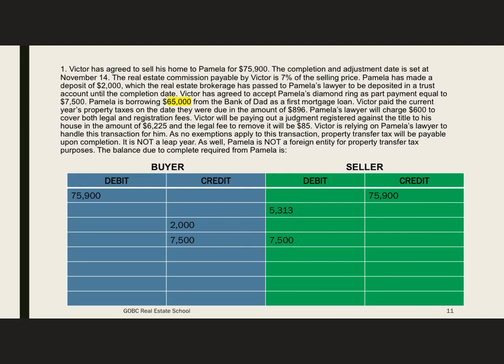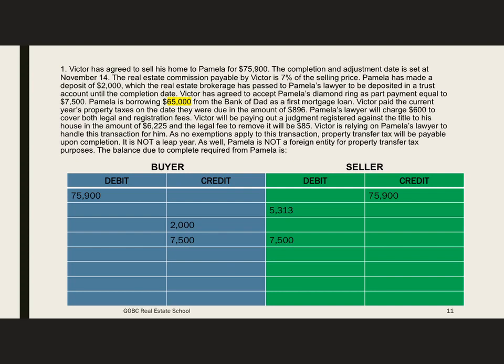If we accidentally put this $7,500 in the debit column here, then we would just be bumping up that purchase price by $7,500. So we don't want to do that. We have to put it in the credit column. For Victor, it needs to go in his debit column, because we need to say, hey, she's given that thing that's valued at $7,500, so we need to take that off of the purchase price because he's already getting that item and that value for that item.